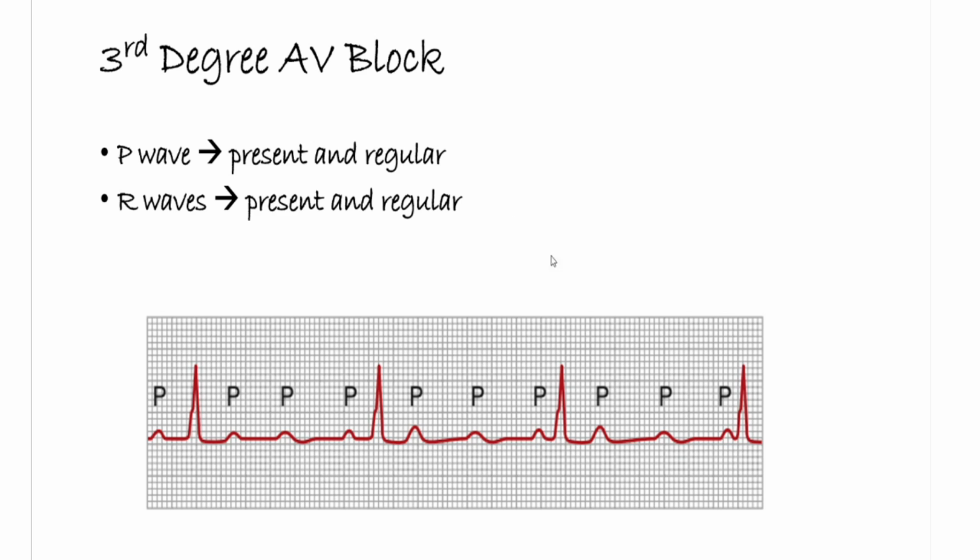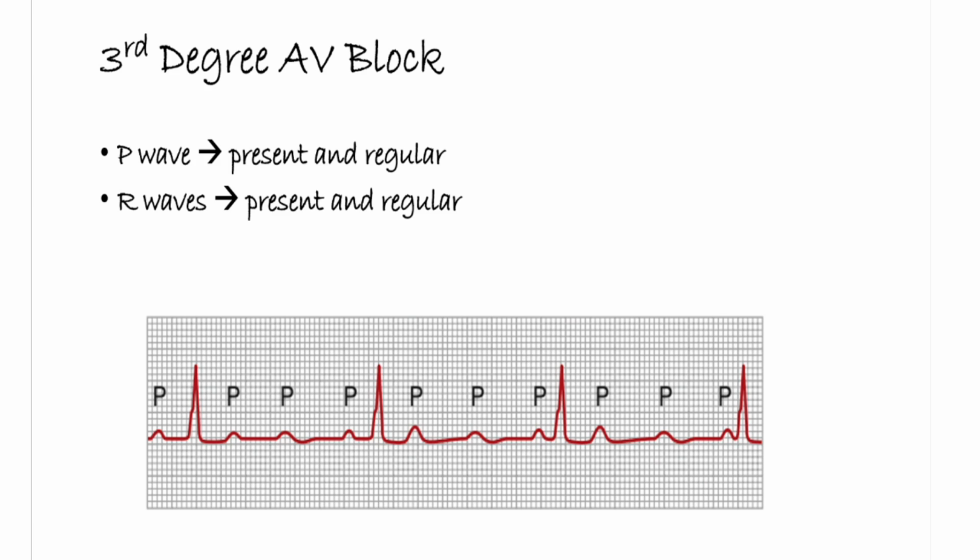So we can see here that the P waves are present and regular. You can say the PP interval is constant. Also, the RR interval is constant. That is the best way to differentiate between a Mobitz type 2 and specifically the complete AV block.